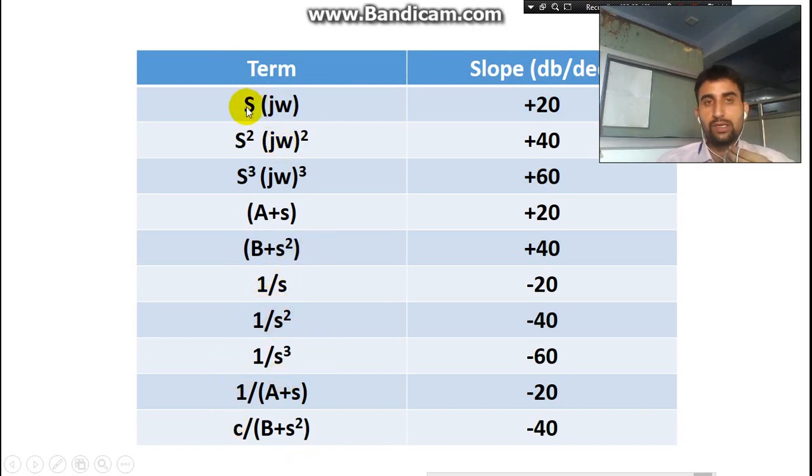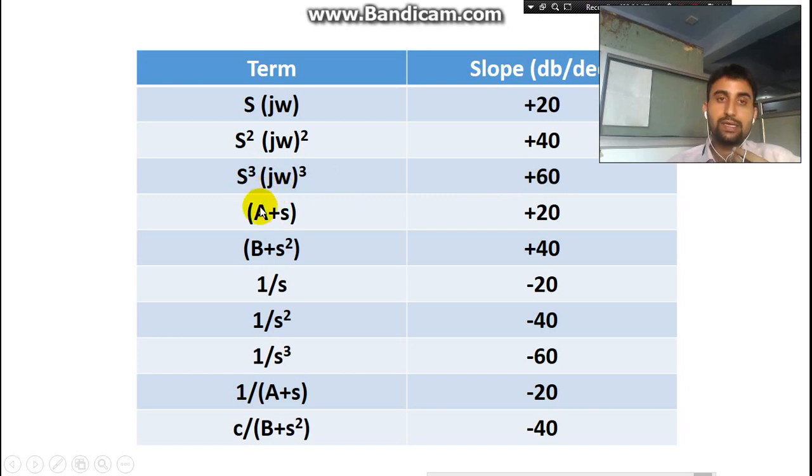If you are taking any term like s or j omega, because we are putting s is equal to j omega, it gives the slope of plus 20 dB per decade. And if it is s square or j omega square, it will give the slope of plus 40 dB per decade. And similarly if it has the third power, that means s cube, it will give you the plus 60 dB per decade slope.